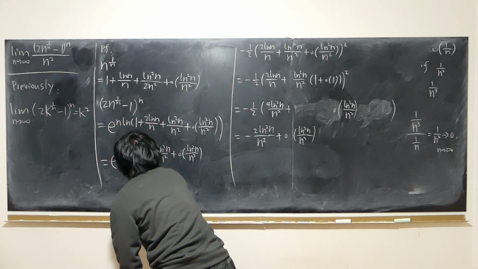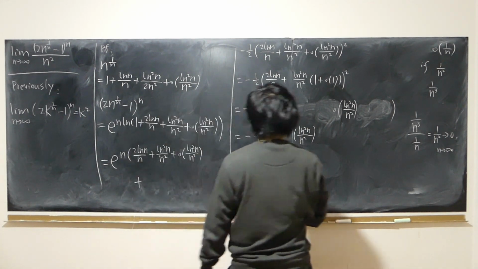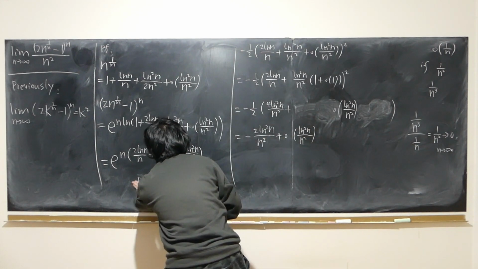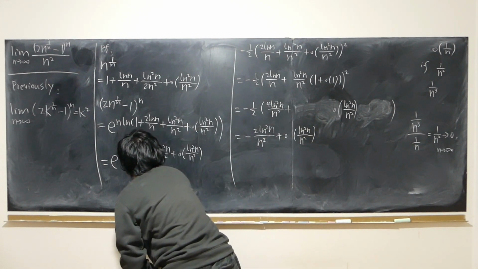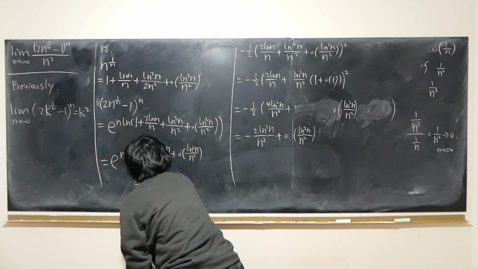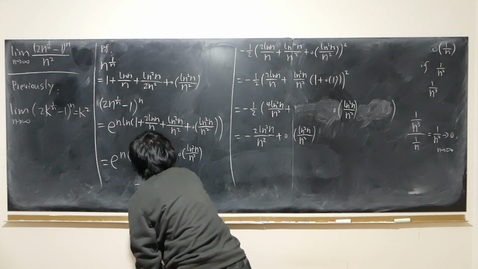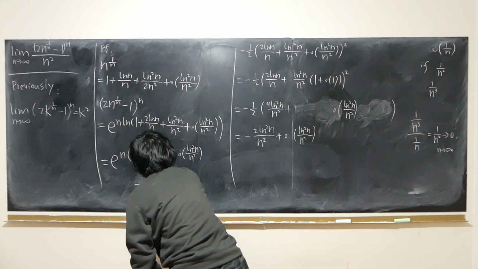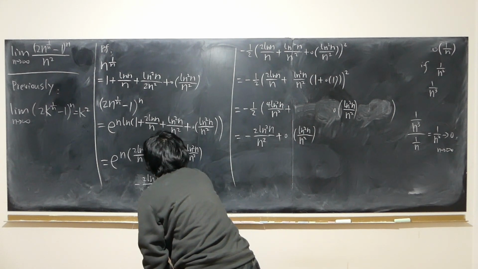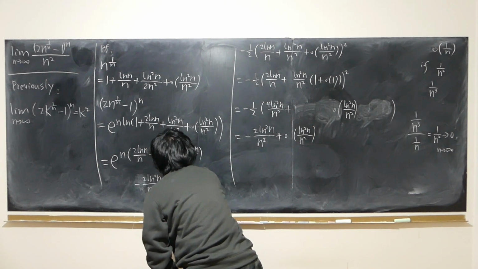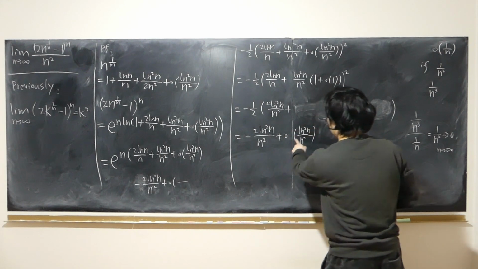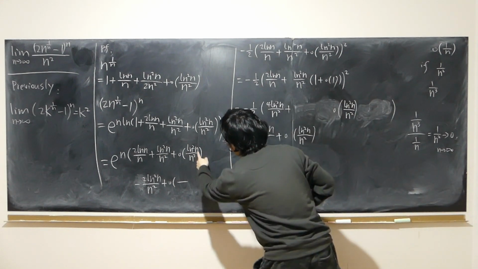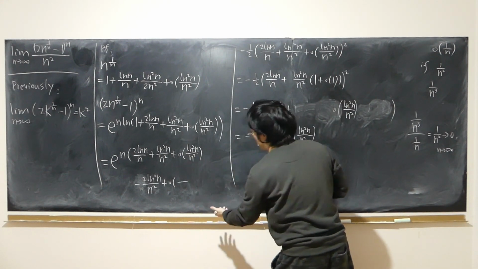So minus n squared twice log square plus little o. But like this little o, the same thing, still combined together, right?